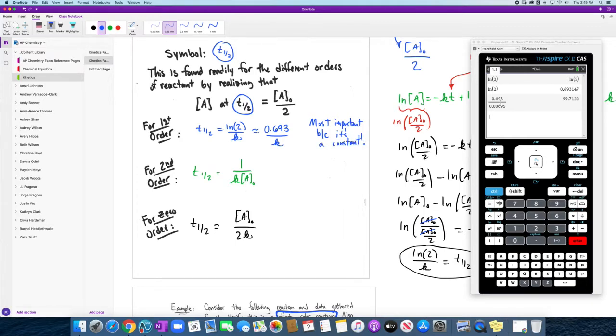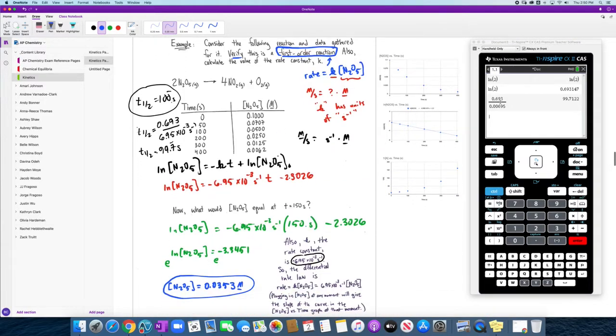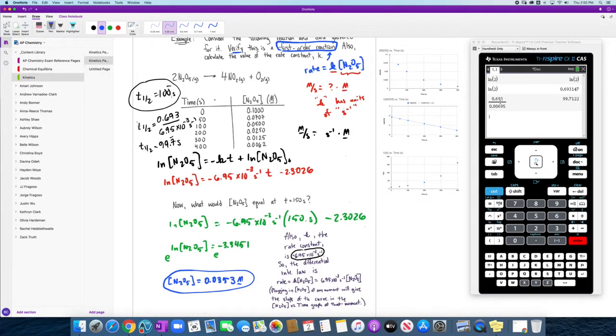The rate constant is a constant, and the natural logarithm of 2 is a constant. So the ratio of two constant numbers is itself a constant. And we just saw that in this problem right here. Every 100 seconds, the 100 doesn't vary. It's always 100 seconds. Every 100 seconds, the concentration's being cut by half.